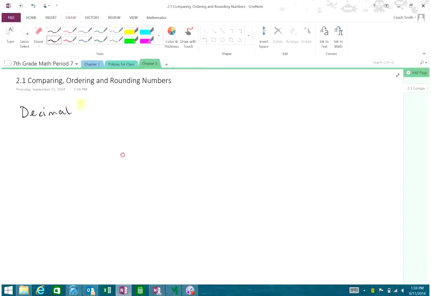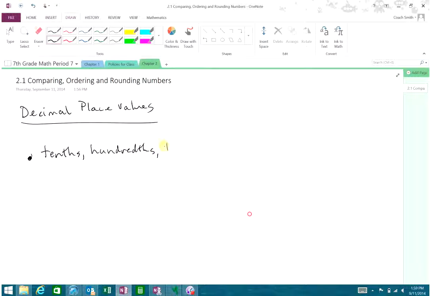Your decimal place values, if we start with the decimal here, the first one you have is the tenths. Then you have the hundredths. Then you have the thousandths. Then you have the 10,000ths.